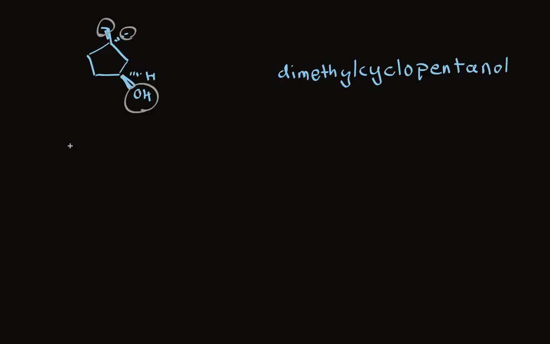We do need to number the ring, so we know where the methyl groups are. This would be carbon 1. We'll go around the ring so that the numbering is lowest when we get to the methyl groups. 3,3-dimethyl. And again, we've got stereochemistry, R or S. The oxygen is highest priority, the hydrogen is lowest priority. These 2 carbons are identical, and they have CH2s, so that makes them identical.